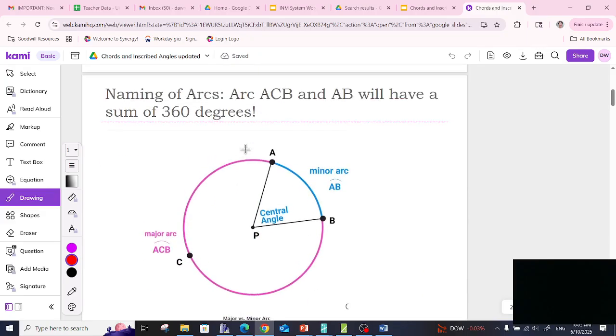Okay, so when we are talking about arcs, you have minor arcs and major arcs. A minor arc is less than 180 degrees. So minor arcs, you want to write on here, are less than 180 degrees.